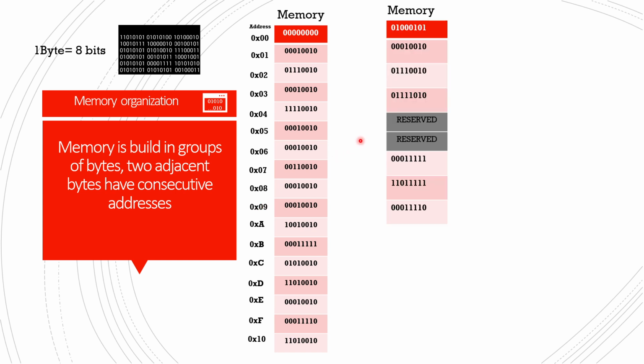Now let's have a look at this other structure of a memory. Sometimes we have a distribution of memory in which not all consecutive addresses are available for a user program.